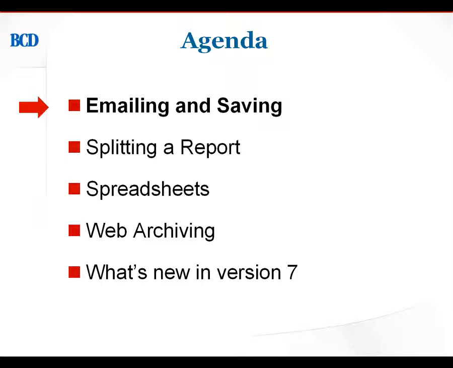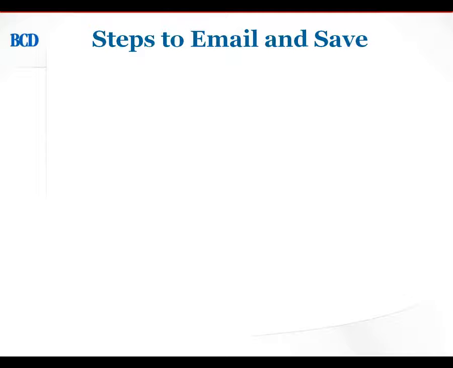So to begin with, we're going to start by creating a rule that's going to be both emailing and saving a spool file to a location on the Polar PC and emailing it to a user. Now, in order to do this, we're first going to create a grab rule.